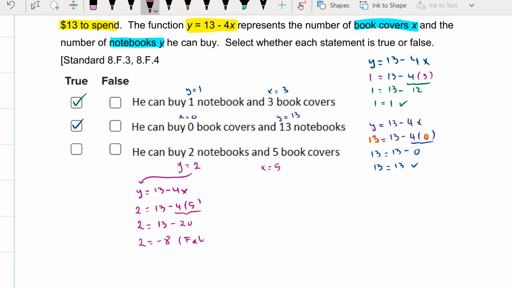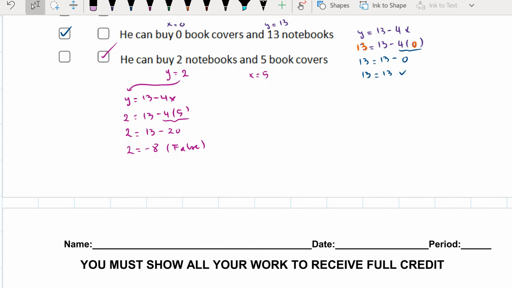This is a false statement, so it's wrong. It's quite obvious that the book cover is $4 and he bought 5, so 5 times 4 is $20. But in fact, he only has $13 to spend, so it's way more than what he has. So this is not true, if you think about it based on what they're telling you.